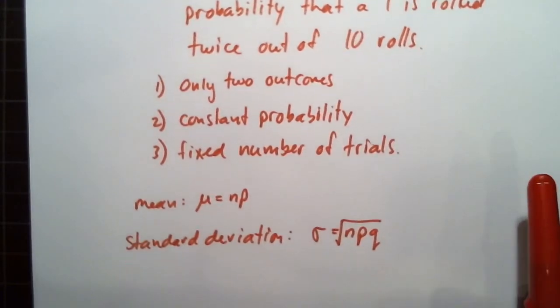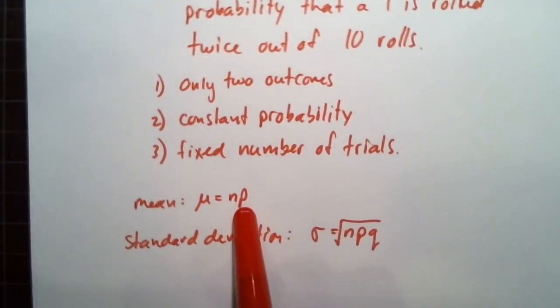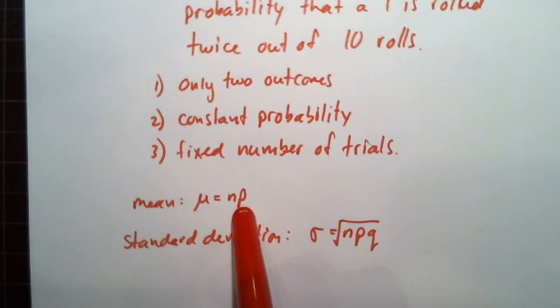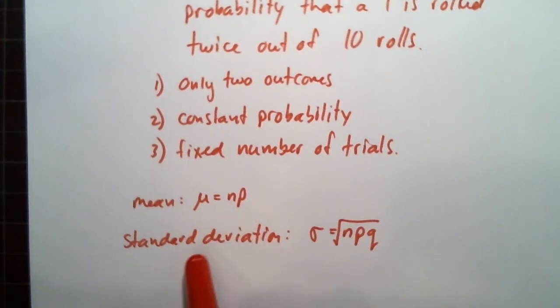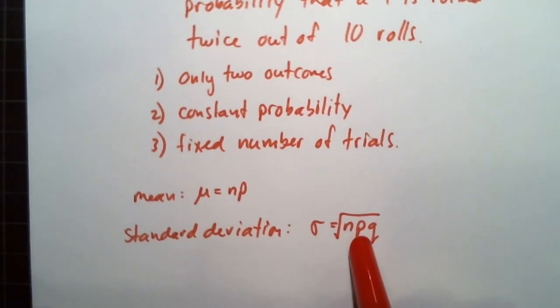It has a mean of np, where p is the probability of the outcome and n is the number of trials. Standard deviation is the square root of npq, where q is the probability of failure if p is the probability of success. So we just go square root of npq, and we get the standard deviation.